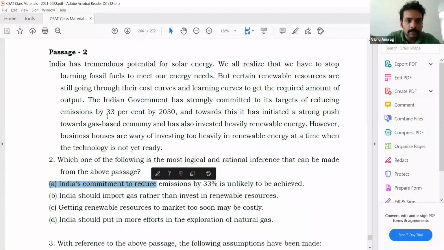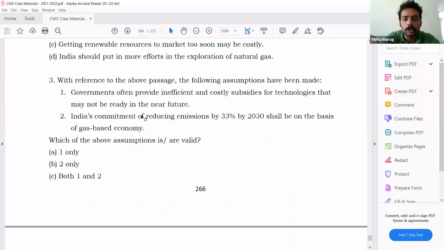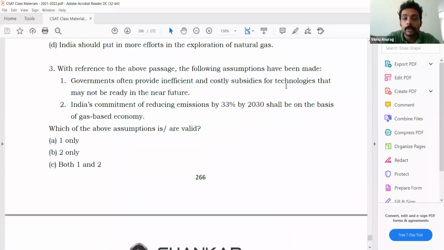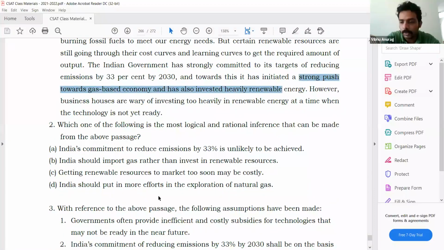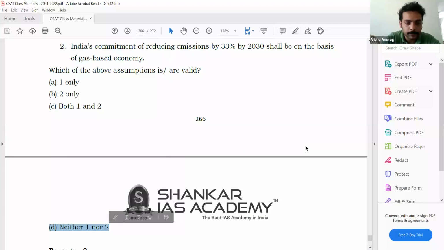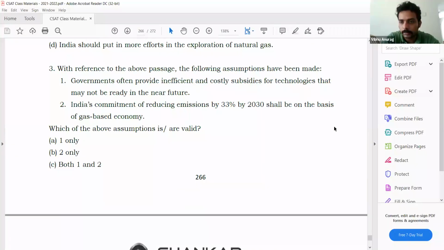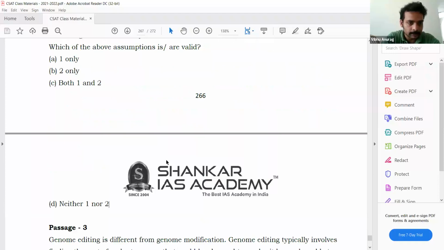And in this one, it is based on both gas-based economy and renewable energy, not just gas-based economy. So that is the reason 2 is wrong. And we should go for D, neither 1 nor 2. Got it? Okay, fine. I hope it is clear.